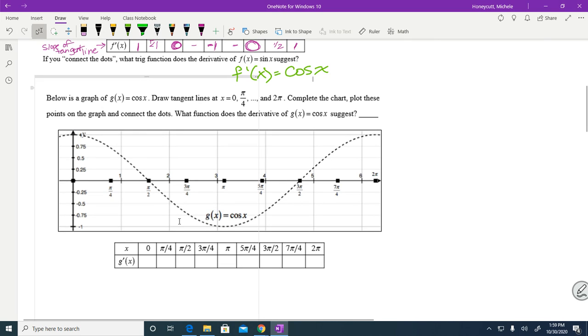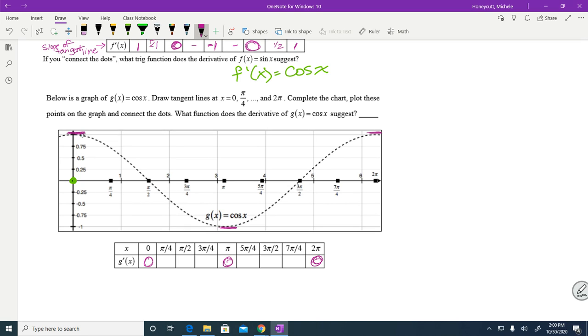Okay, so if the derivative of sine is cosine, let's estimate what the derivative of cosine would be. So when x is 0, it looks like the derivative would be 0. So I'm going to put a point at 0, 0. And then at x equals pi, the derivative would be 0. And that also happens where x equals 2 pi.